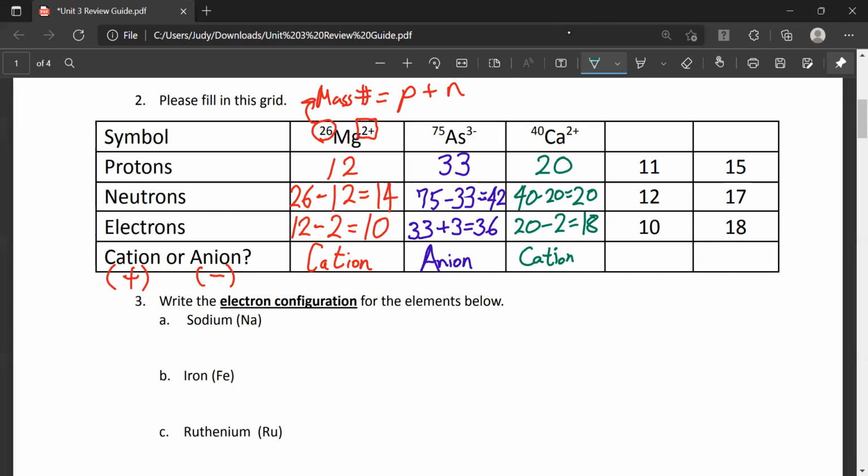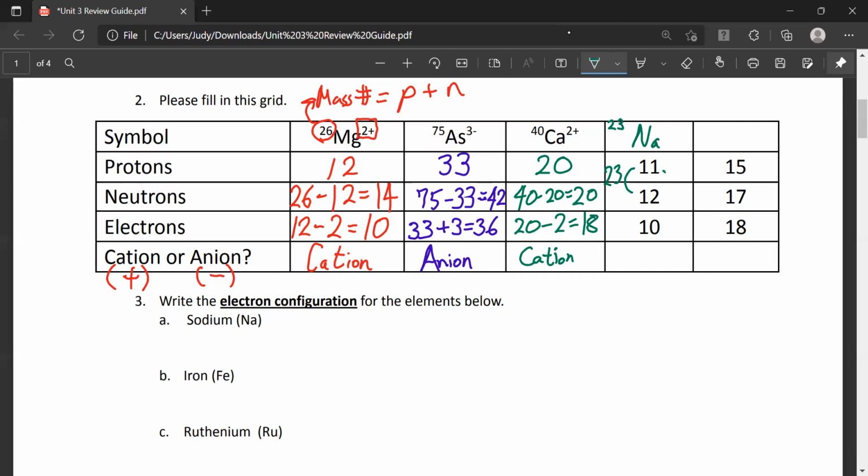Now, in the case on the right side, what we're trying to figure out is the symbol and whether it's a cation or anion. So we know that 11 is an element of Na, or sodium. The mass number would be adding these two numbers to get 23. So we get 23 on the top left corner.